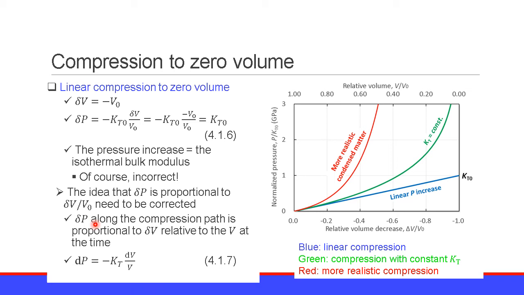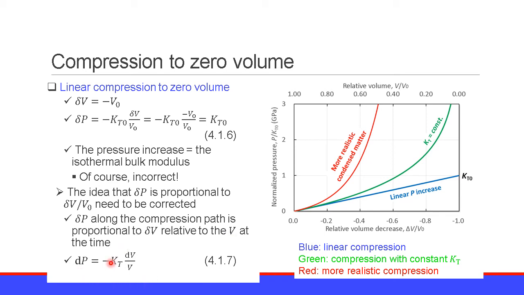So the delta P, the pressure increase, always has to be considered along the compression path, which should be proportional to the delta V relative to the volume V at each time.